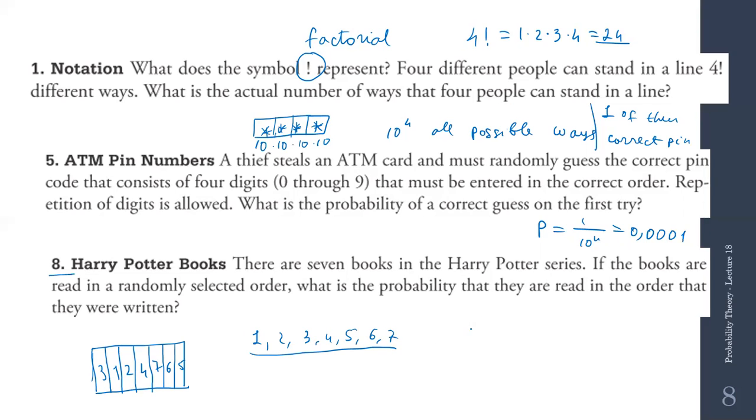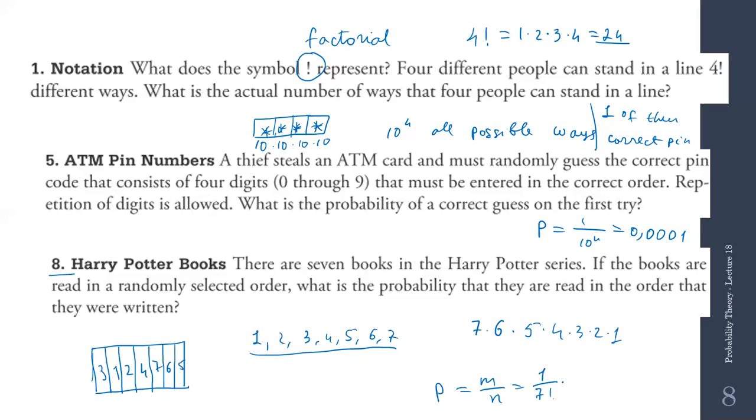So first you will choose out of 7. Next you choose out of 6, then out of 5, then out of 4, 3, 2, and 1 last. So this is all the ways, which gives us 7 factorial. Probability equals m over n, equals 1 over 7 factorial.